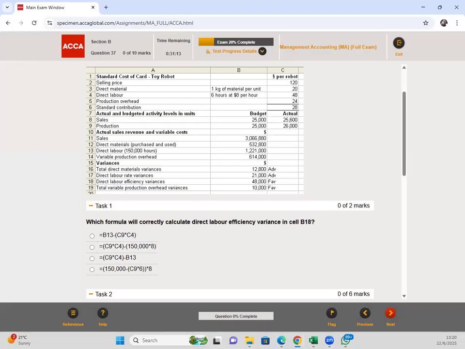So yes, that one, because the standard hours, we are saying is the hours for the units produced. You can get the standard hours by saying the units that we produce times the budgeted hours per unit. Then minus 150 times 8, is what?